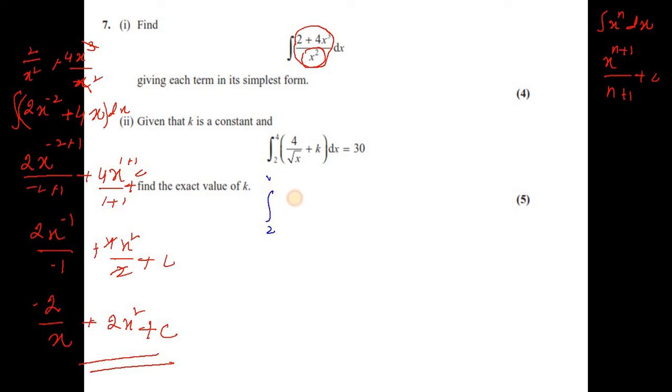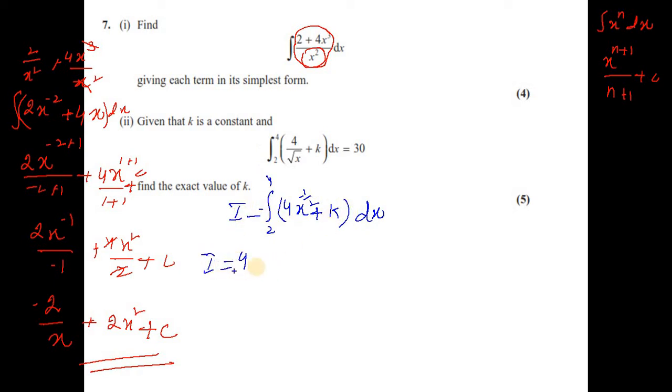integral from 2 to 4 of x to the power minus half plus k dx, and then you can integrate. So you can integrate the first term, which is 4. I'm going to call this I equal to this.